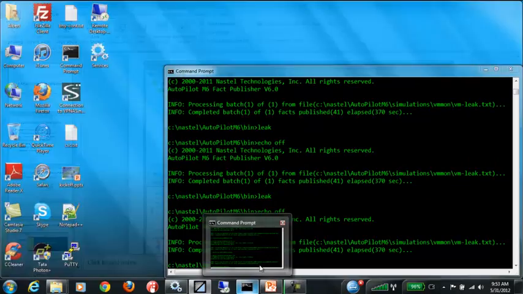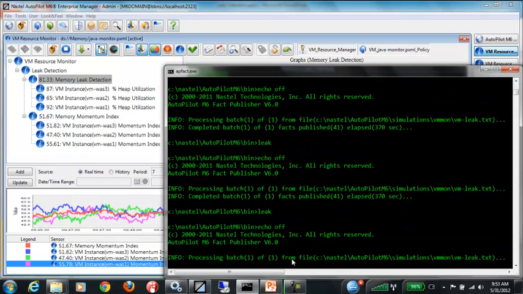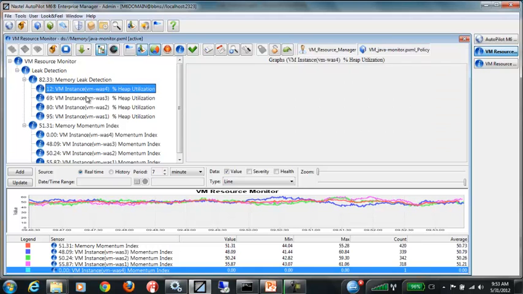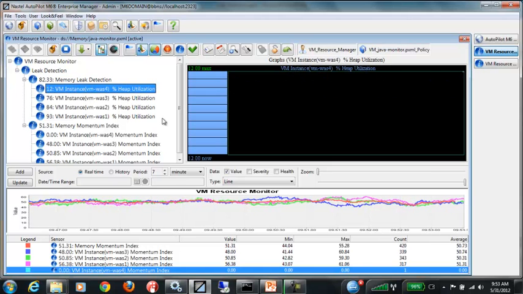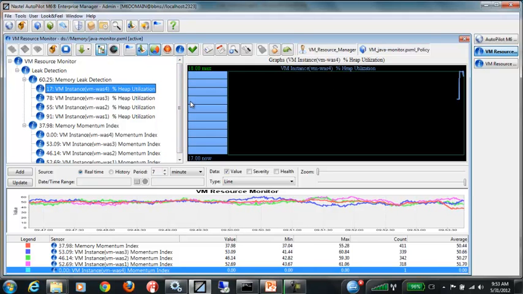So why don't we do this? I'm going to start an application that's going to exhibit a leak. As you can see, this is going to be a 4th JVM. It's going to start at about 12% heap utilization, and we're going to see exactly how AutoPilot is used to detect the situation. This application is running and consuming some resources.